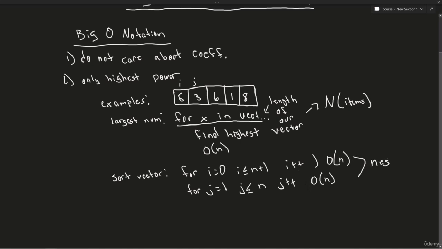And these are nested, right? Because we have O of n here, and then we have another for loop below it, which is also being executed every time that this for loop gets run right here. So we have our nested for loops. We do our compare and swaps to sort the vector out.